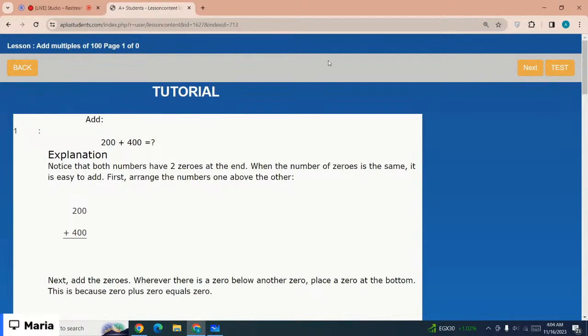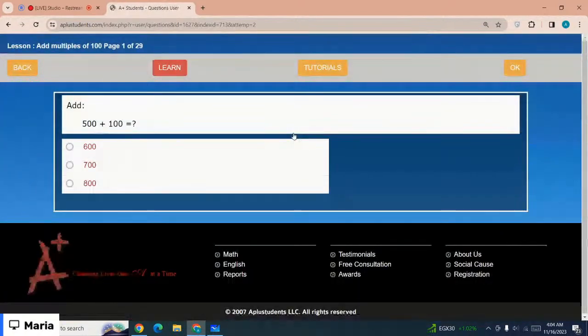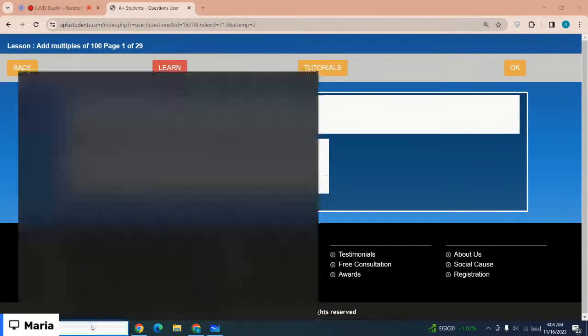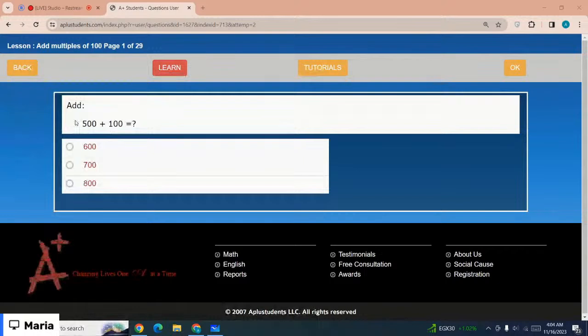Okay, let's just start with the test questions. Okay, so the first one is 500 plus 100. How do we add? Both the numbers are 3 digit. So adding them is very easy because they have the same number of zeros.